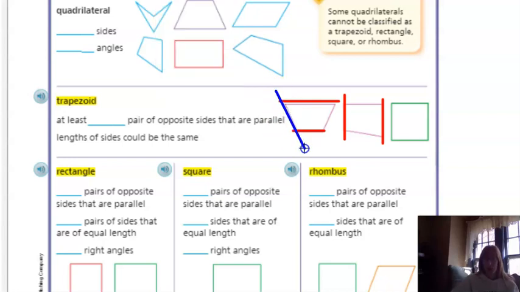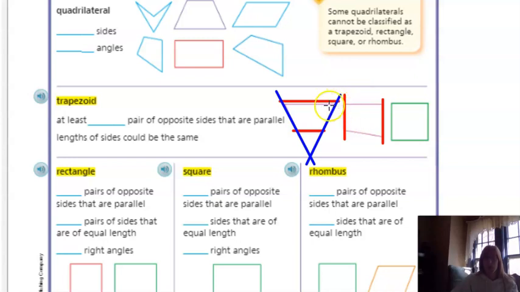So if we extend these out, and this is the way I'm going to be talking about trapezoids, they extend out. But we know a square can be a rectangle, but a rectangle is not a square. A square has all 4 sides the same.